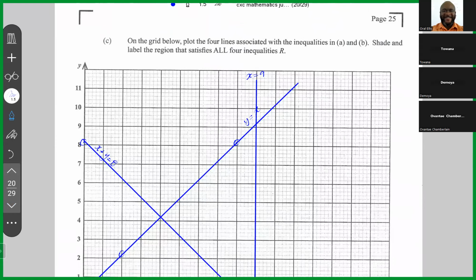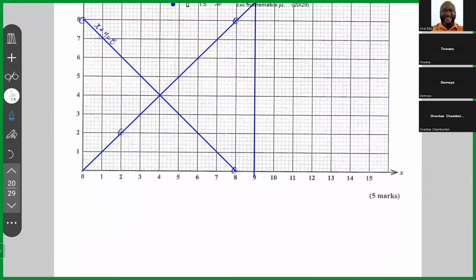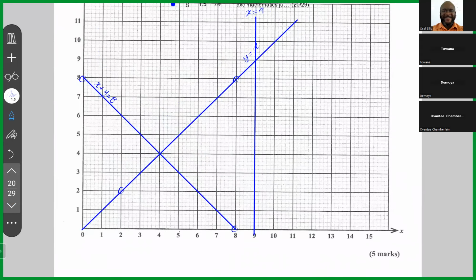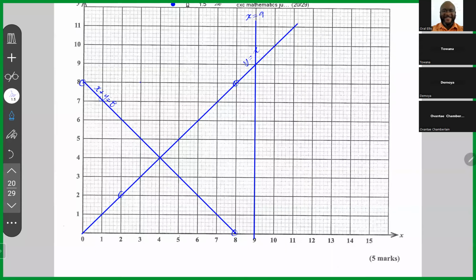So my point 3, 8 is here, and 9, 4 is here. Then I line them up and draw my straight line through them.